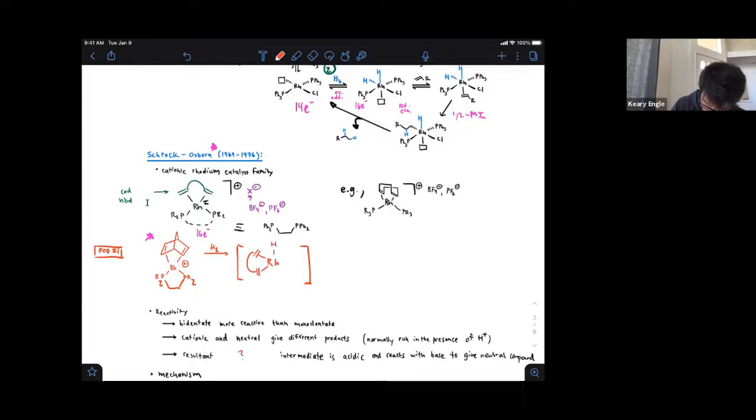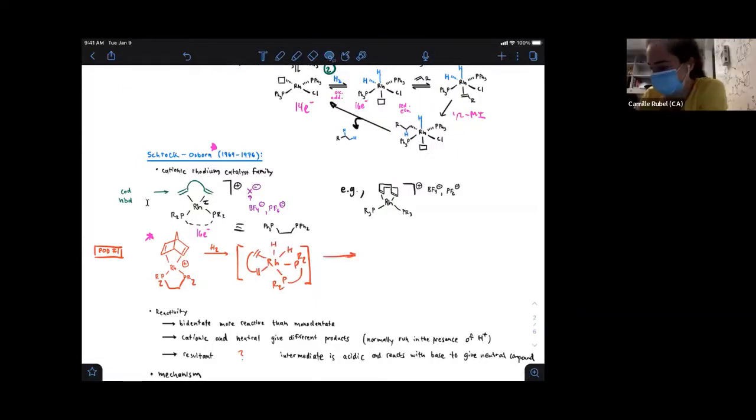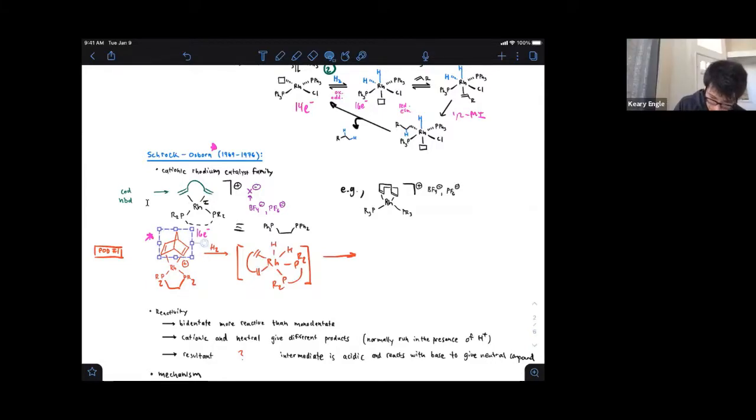I think Camille proposed this dihydride adduct. Is this right, Camille? Yeah. And then you said hydrogenate off, which means essentially a series of migratory insertions and CH reductive eliminations.